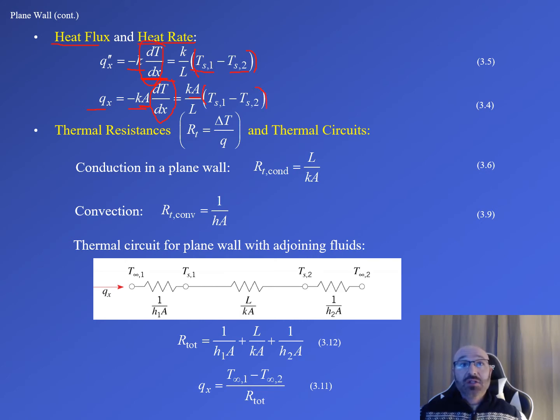The change in temperature is TS1, the surface temperature 1, minus surface temperature 2, times now KA, because we have the A term in there, divided by the total thickness or length, L. Now these relate back to, for our heat flux, equation 3.5 in our textbook, and for our heat rate, equation 3.4 in our textbook.